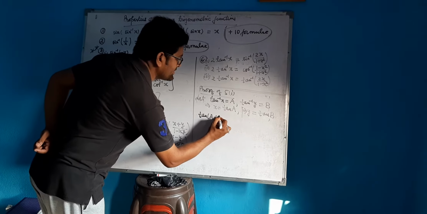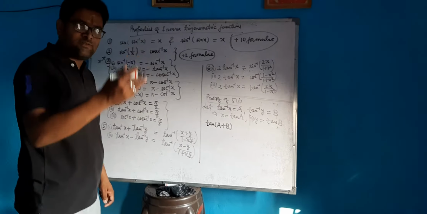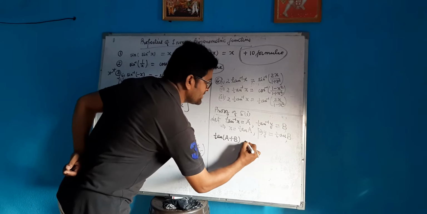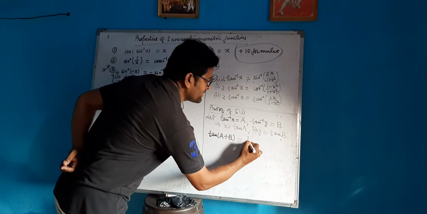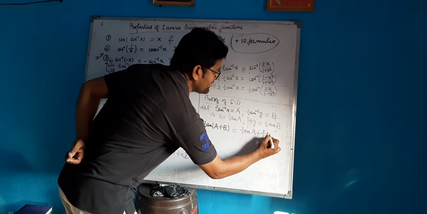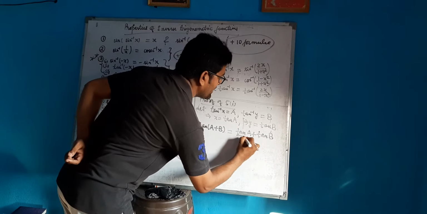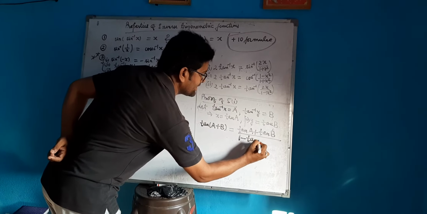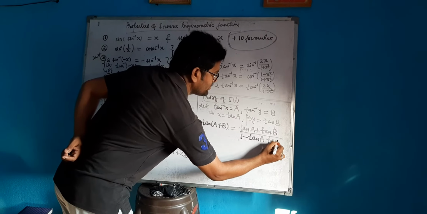I can write tan(a plus b). From the class 11 compound angle formula, tan(a plus b) is equal to tan a plus tan b by 1 minus tan a into tan b.